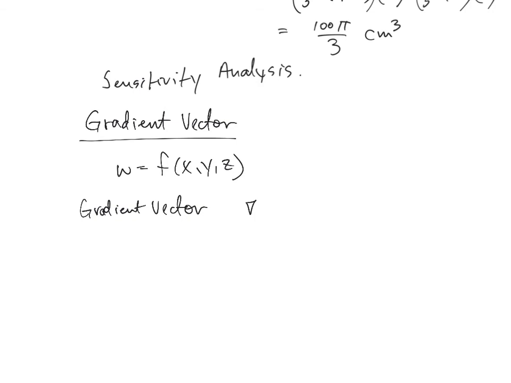So if I want to find the gradient of this function f, I'm actually getting a vector. And the components of this vector are just the partial derivatives of my function with respect to x, y, and z. That's all it is.